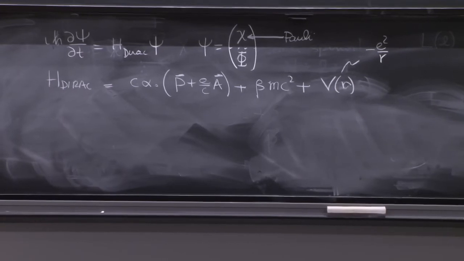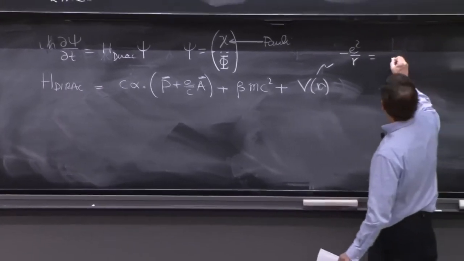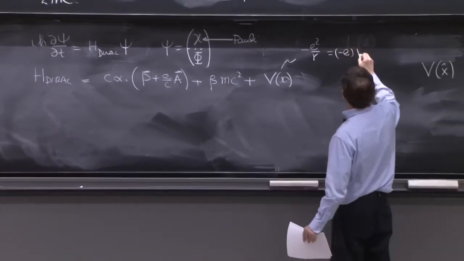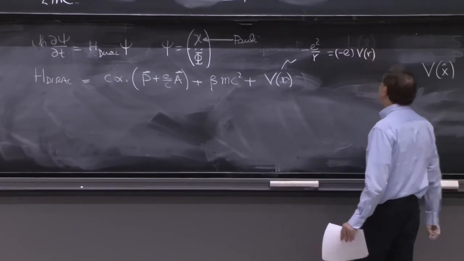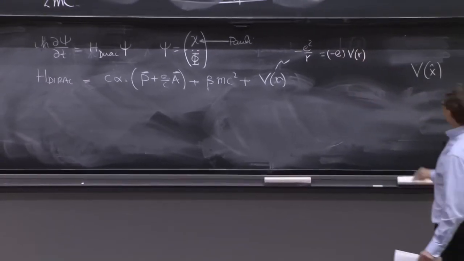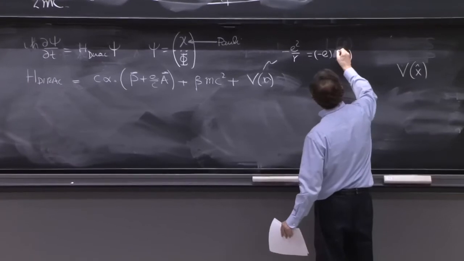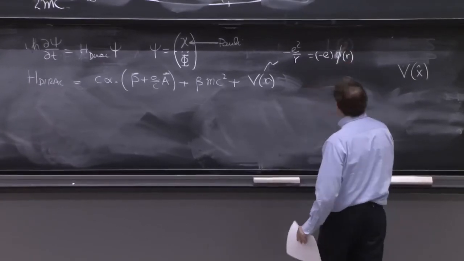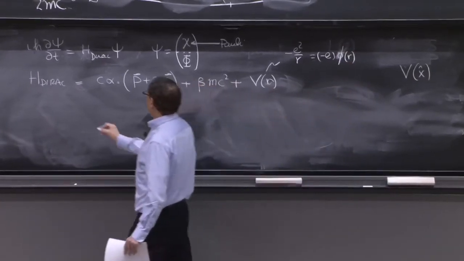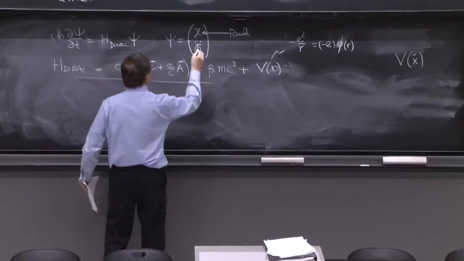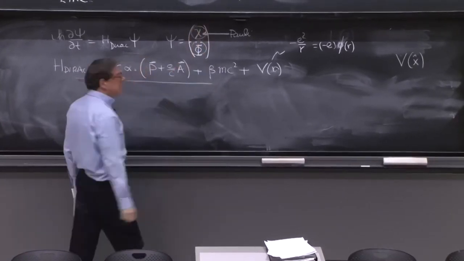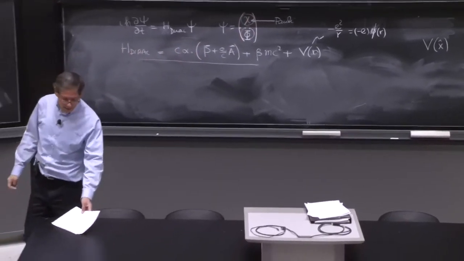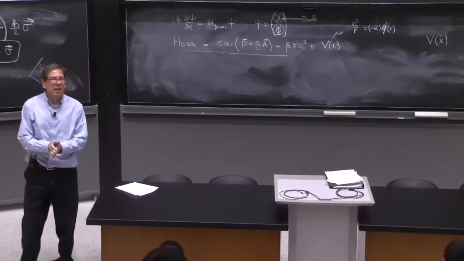It's the value of the electron charge times the potential of r, the scalar potential, phi of r. So this is the Dirac Hamiltonian, and you have these things. And this is something you can read if you're interested in Shankar.